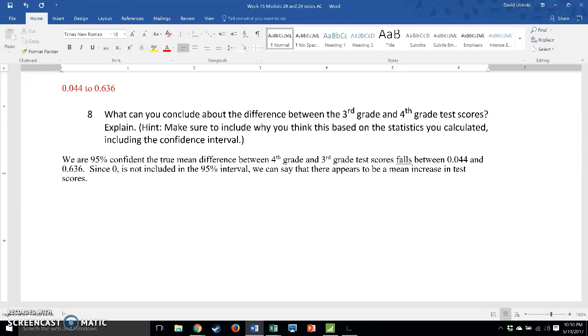Of course, that's what we would hope to see if the students went from 3rd to 4th grade, that they actually improved their test scores and did better.